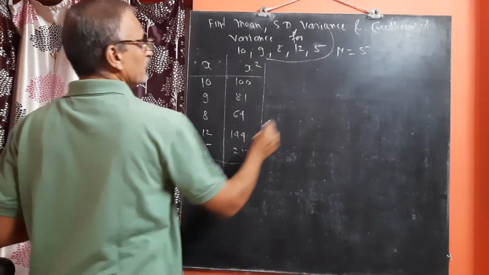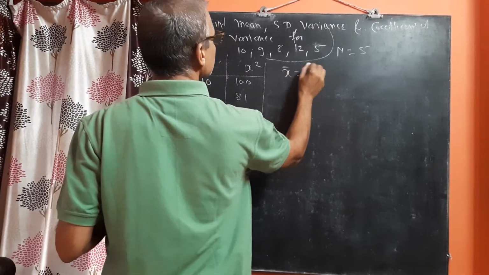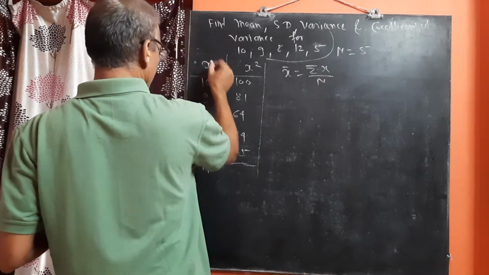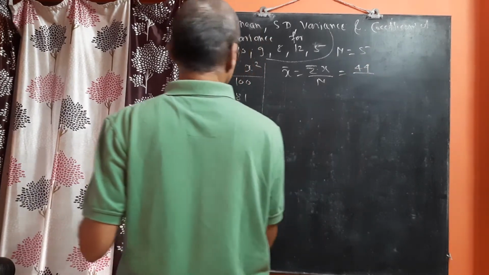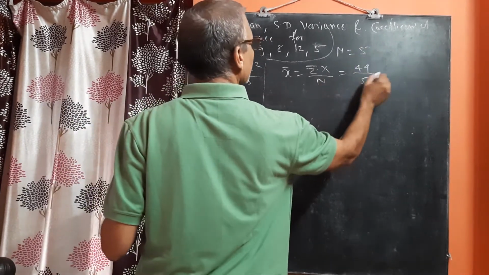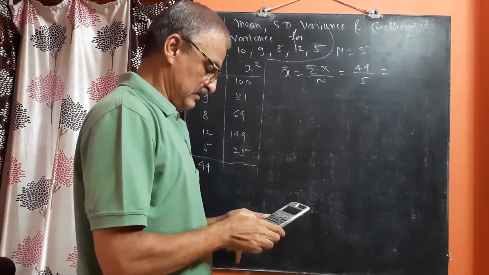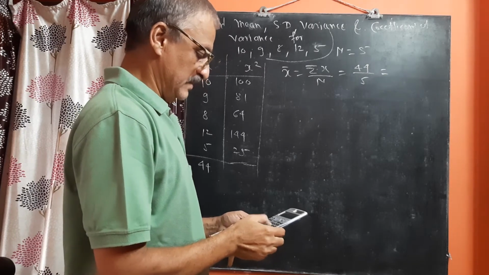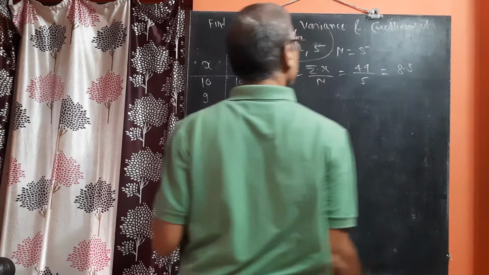Now we have to find out x bar. The value of x bar equals summation of x upon n. So we have got the summation of x, that is 44, divided by n. n is 5. So 44 divided by 5 comes to 8.8.